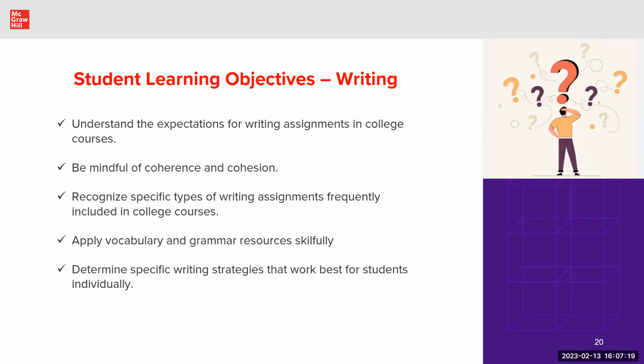So where we looked at the objectives for our students in relation to reading, there are also objectives that the students need to acquire in relation to writing. And again, I start with that thing about expectations, because it is so very important that our students understand the expectations for their writing assignments.